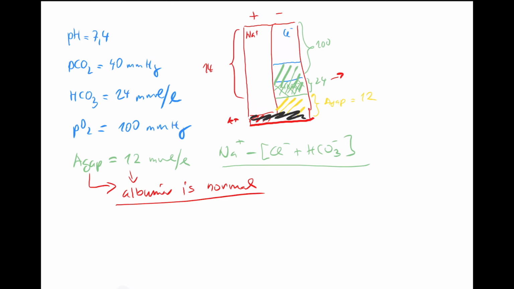So you're going to have metabolic alkalosis. If you're losing chloride, for example, by vomiting or suction of the gastric juice, you're going to have metabolic alkalosis.